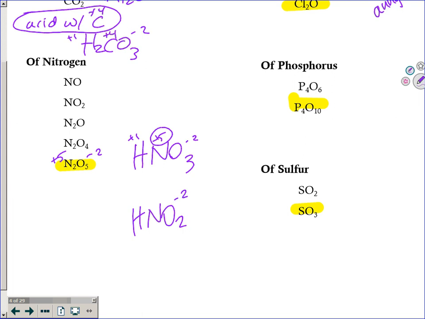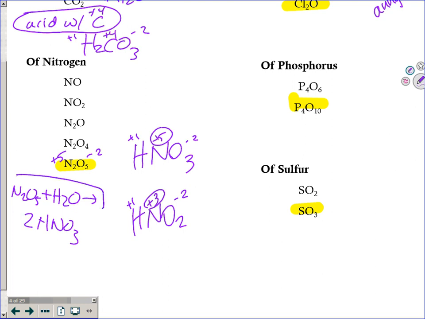So this is a -2, so it's a -4, +1, so what's this one? +3, okay. So that should be pretty fast now. We're probably getting really good at that. So if I were to add your dinitrogen pentoxide to water, and you had to predict the acid made, you would predict that to be nitric acid, and then you'd have to balance it with the 2. So that would be your non-metal oxide plus water yields acid. That would be the reaction.